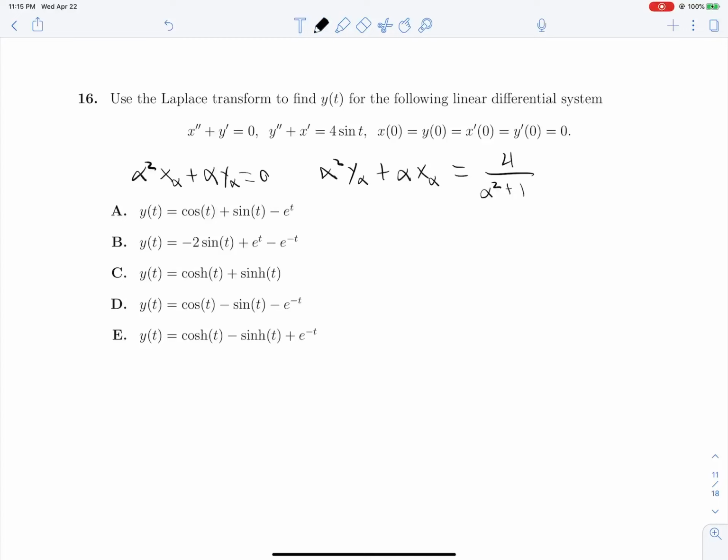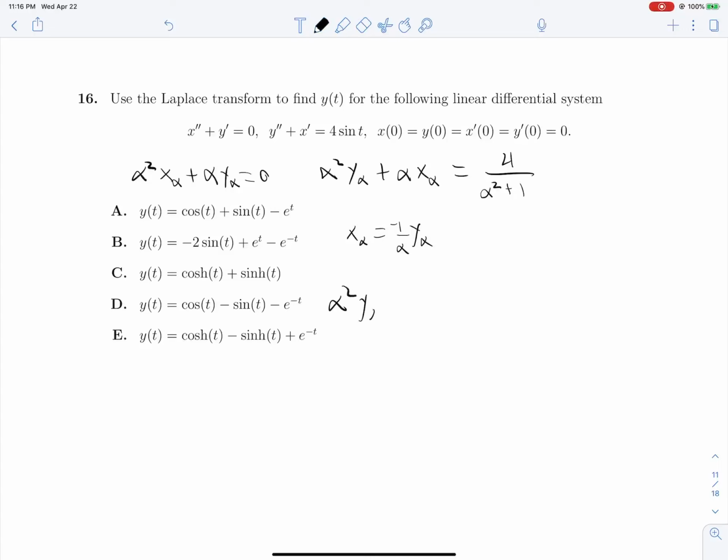We're trying to substitute x in. And so alpha squared x alpha plus alpha y alpha, let's rewrite that like that, and this should be negative. Okay, I hope that's good. This doesn't feel like the substitution I made before, but whatever. So this substitution can be plugged in directly here.